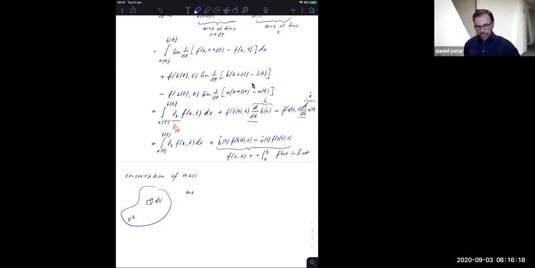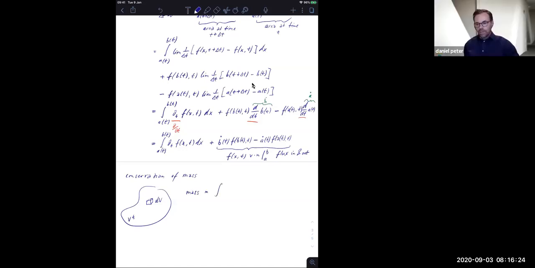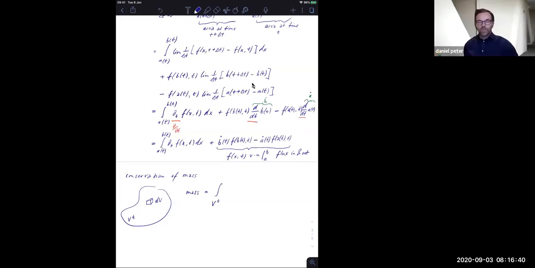So how is mass defined? Well, you can take it as the volume integral of that volume. Of what? What do we need for mass?